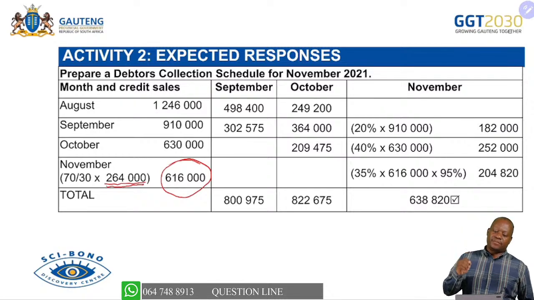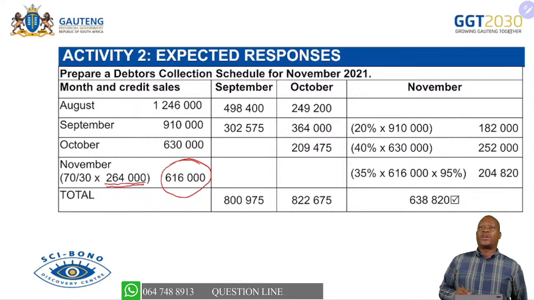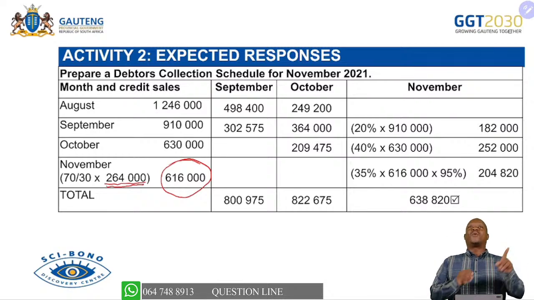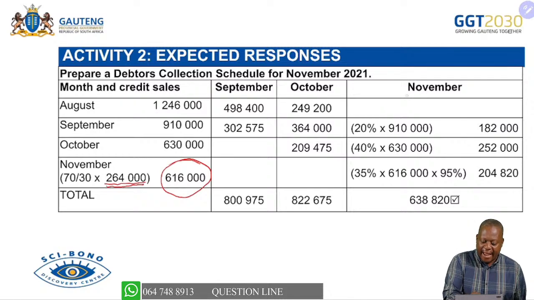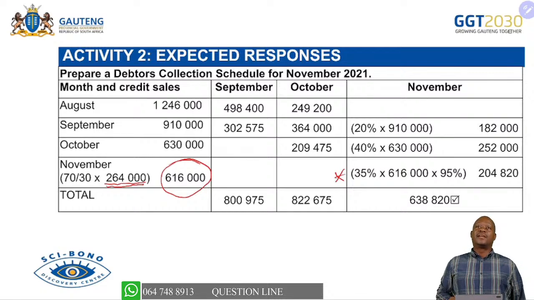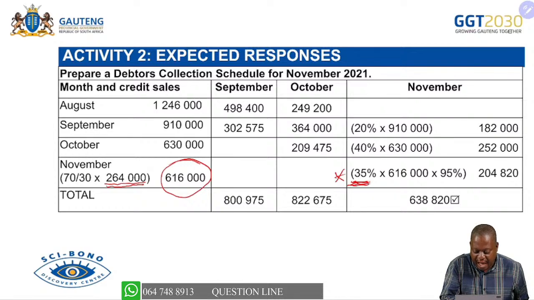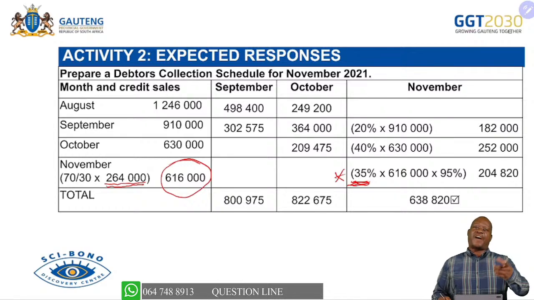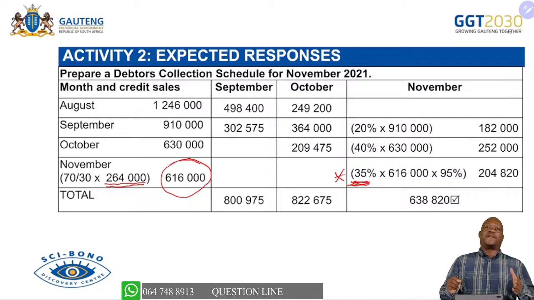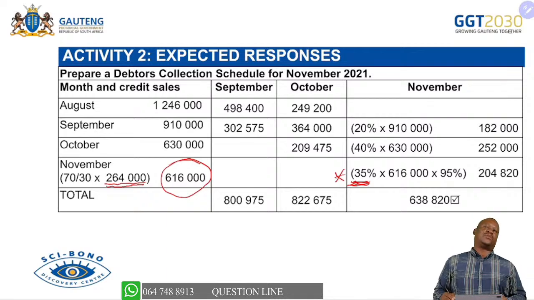After that, we are now going to remember the month of sale issue. Where November and November meets, it's here. And what percentage is being received in the month of sale? It's 35%. And they are not ending there. They are going to also get a 5% discount. Let's deal with the 35% to start with.